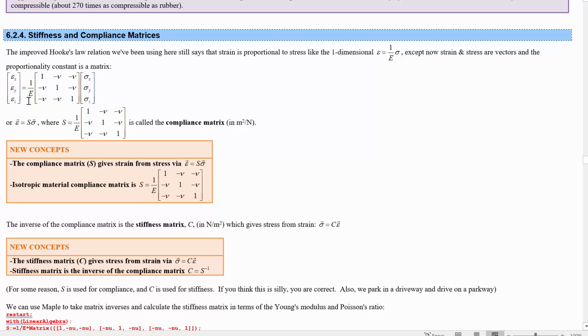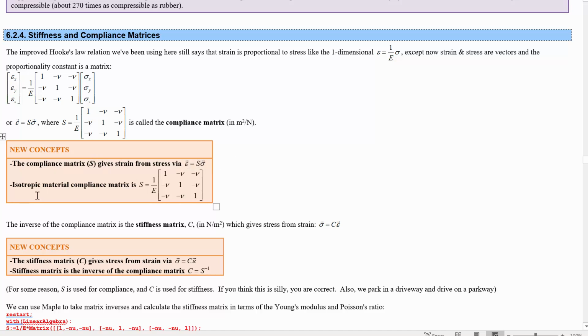The whole matrix, including the 1 over E that we factored out, is the compliance matrix. You multiply the compliance matrix by the stress vector and you get the strain vector. Again, the compliance matrix, given the symbol S, tells you the strain from the stress by left multiplying the stress.